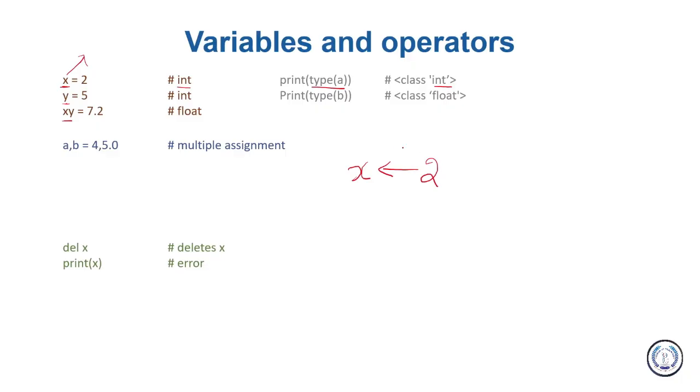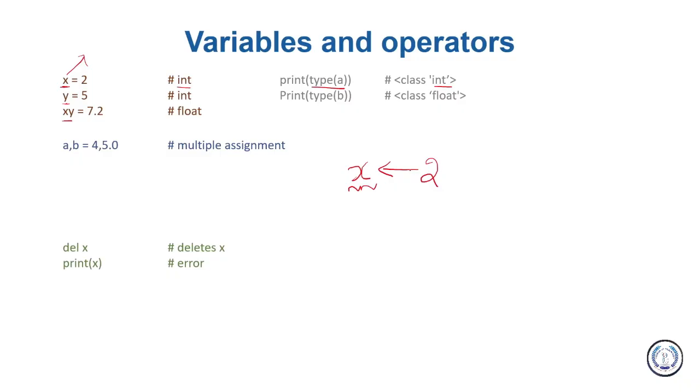When 2 is assigned to X, based on the content 2, which is an integer type value, automatically the type of X is set to be integer. That is sometimes called dynamic typing. Python is a dynamically typed language. You need not specify the type of the variable. The contents that you are assigning to a variable will define the type of the variable on the fly.